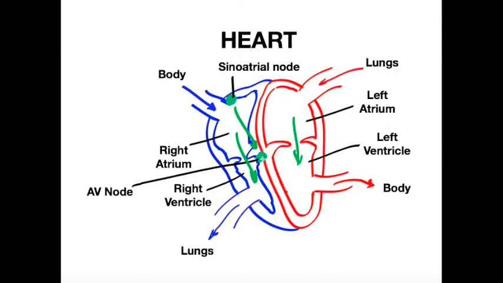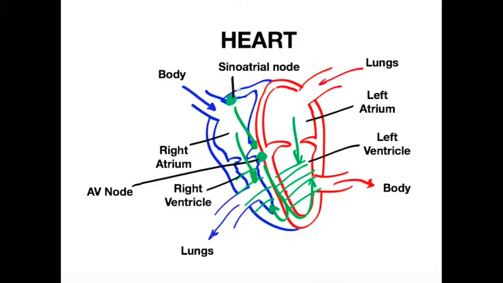When the impulse hits this node, that node then generates its own electrical impulse, which goes down the heart and then goes up both sides, as shown here. Once this impulse goes up, it activates the muscles in the ventricles, causing the two ventricles to squeeze.